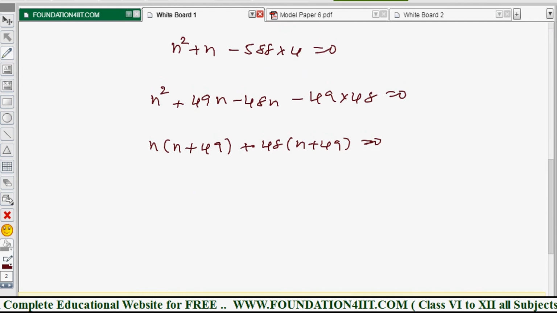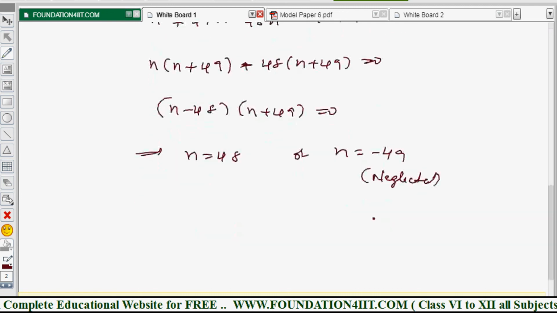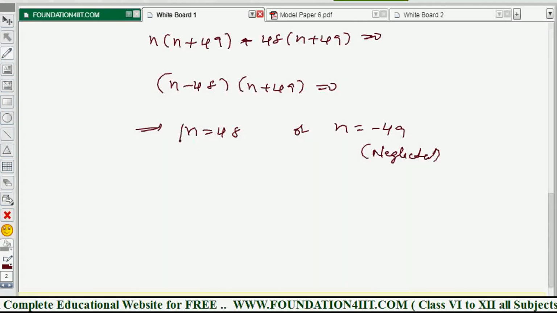Then n minus 48 into n plus 49 is equal to 0. So from this, n is equal to 48 or n is equal to minus 49. So this is neglected. There are no negative values.